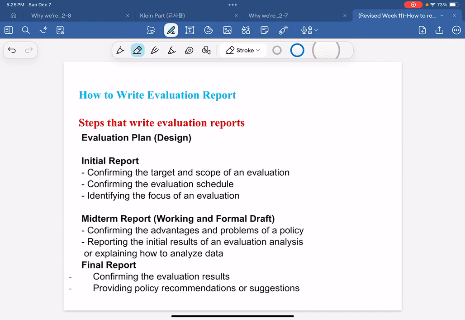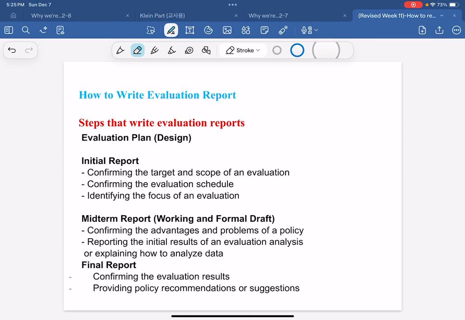So first, before your evaluation, you need to write the evaluation plan, and then in the mini project, you wrote an evaluation plan, and the evaluation plan should include the necessity of evaluation, and the possibility of evaluation, right?